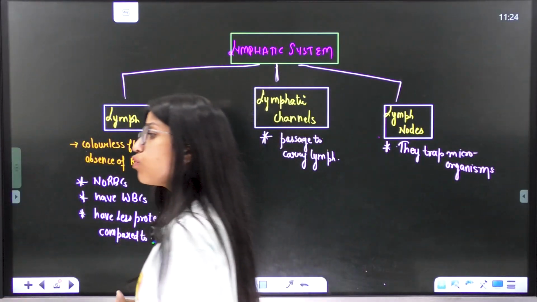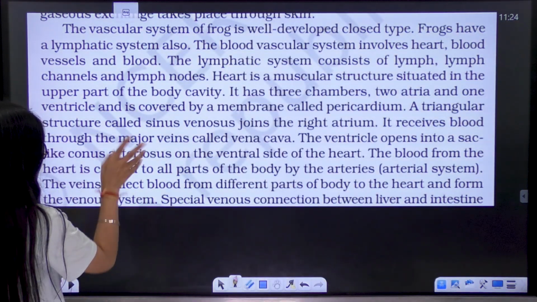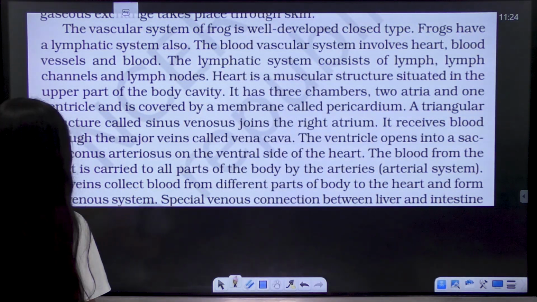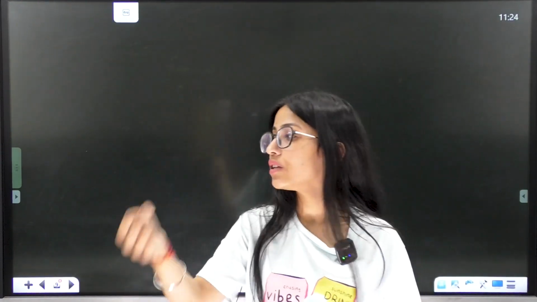Now we have moved on to a special circulatory system that is present in us and also in frog. That is named portal circulation.